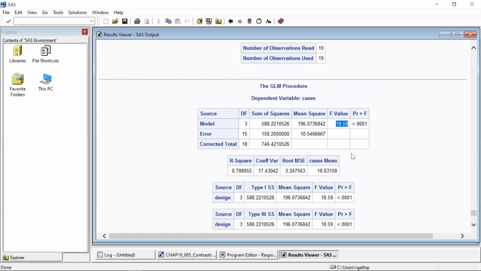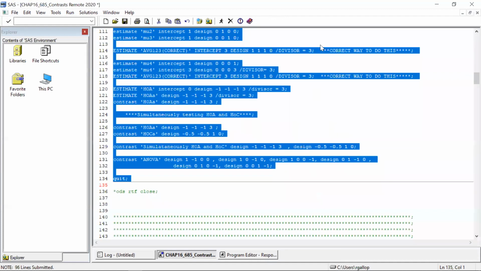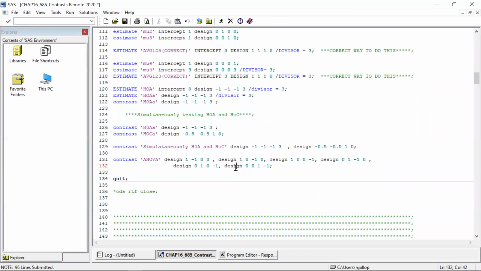So again, whether or not the contrast statements or the collection of contrast statements are linearly independent, we don't really need to worry about that. SAS, our friend, is going to end up telling us the degrees of freedom of the linearly independent components. From a mathematical perspective, it's called the rank of the contrast matrix that we end up getting. So again, SAS is going to do a lot of the work for us.